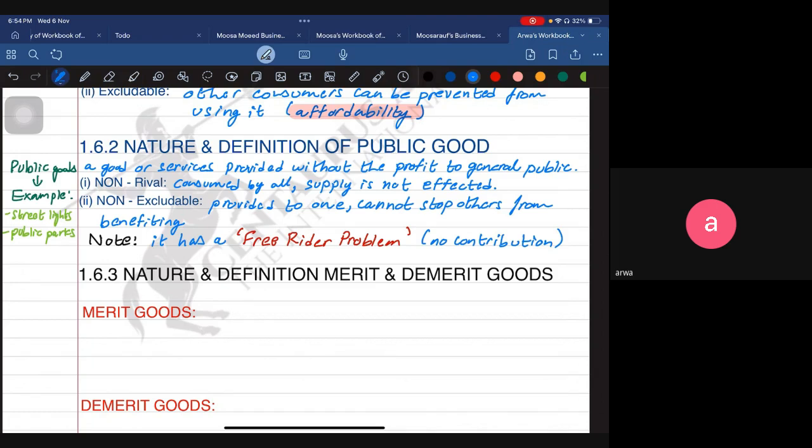They are not providing the public goods because they know that there are going to be people who have not basically paid to use that good, but they are still using it. So that free rider problem deters a private sector firm from starting production of the public goods. You understand this point? Yes, sir.